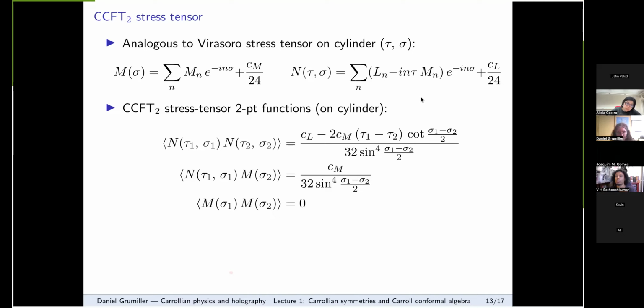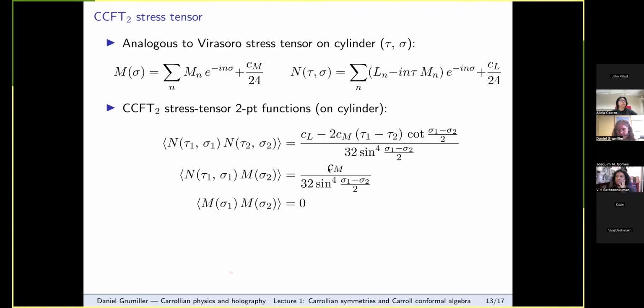You can show, I will not show this here, that the two-point functions on the cylinder take the following form. Let's start below. The super translation part just gives 0, and that remains true for any higher-point insertion. Whenever you have 2 or more insertions of this super translation part of the stress tensor, the corresponding correlation function gives 0. If you have one super translation and one super rotation insertion, the right-hand side looks precisely like in a relativistic CFT on the cylinder.